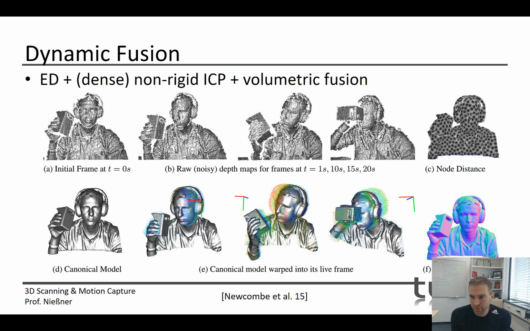For the embedded deformation, they're using a deformation graph, and that deformation graph is a sparsified version of the current representation. So they don't go into that much detail, but basically the number of deformation graph nodes that they're using determines how many degrees of freedom they can handle. That determines a little bit of how stable it is.